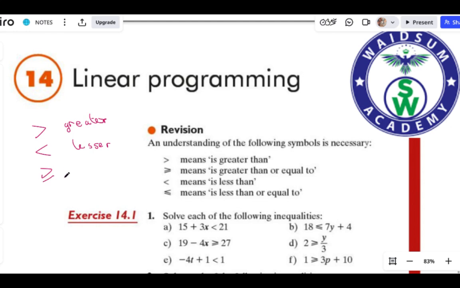If I do the same with my left, it means lesser than or equal to. So these are signs and symbols that are used for inequalities.